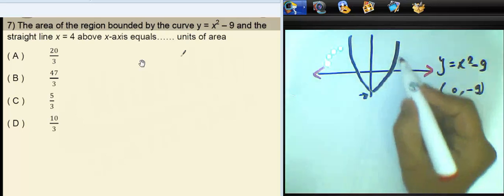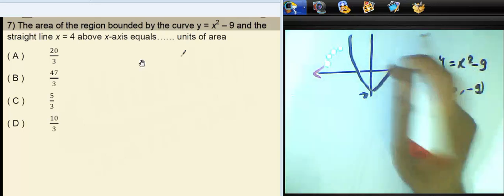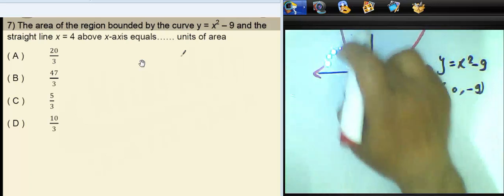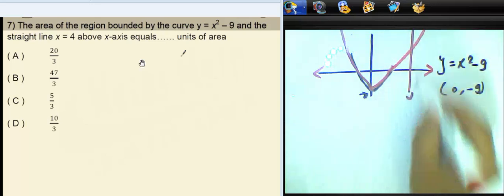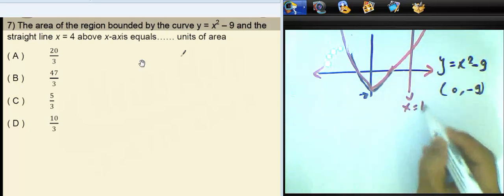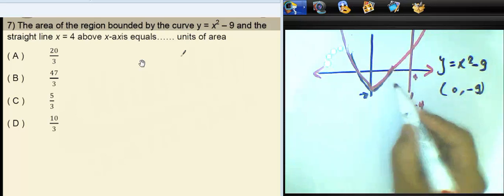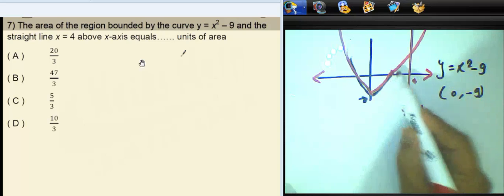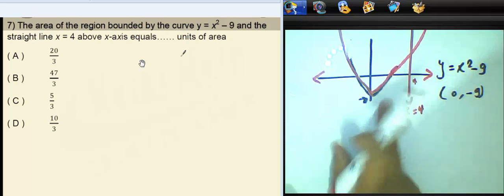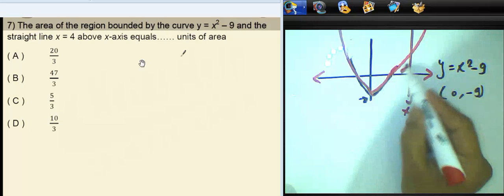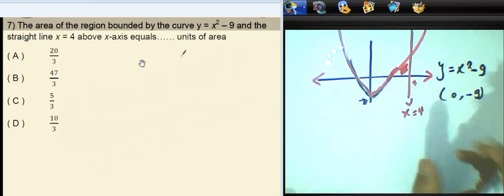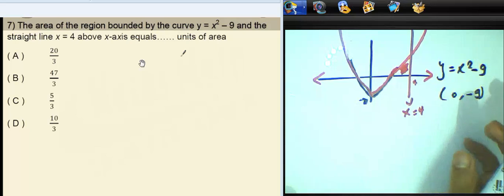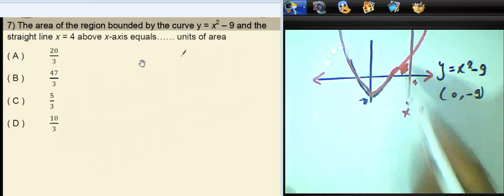x equals 4 here. Look at here, I will draw this curve here, and x equals 4. This straight line x equals 4 here. We must know this point, and the next step, by finding this point, you can find this area, because he asked about the area of the region bounded by the curve y equals x power 2 minus 9 and the straight line x equals 4 above the x-axis.